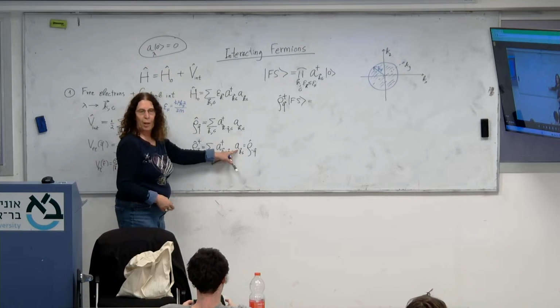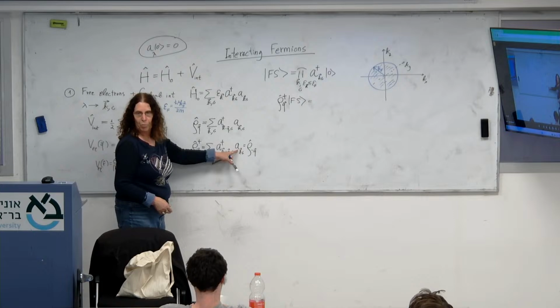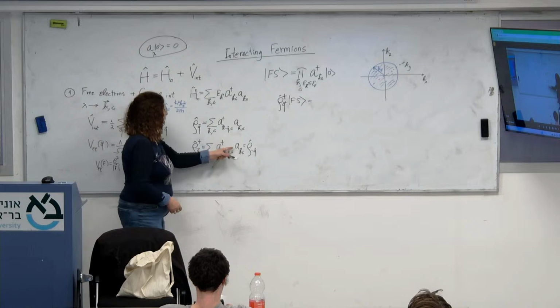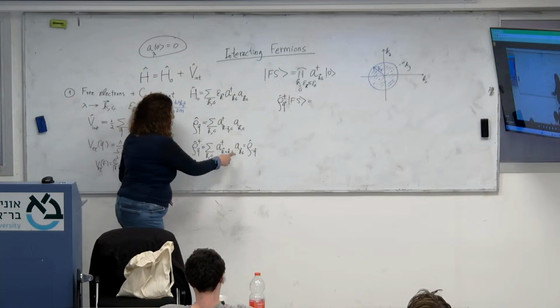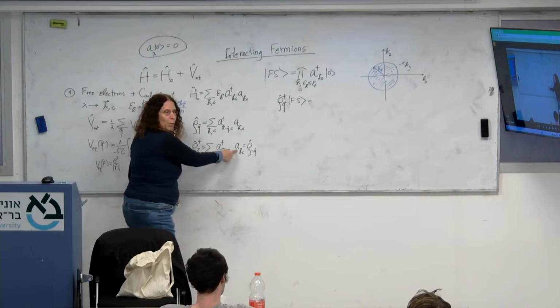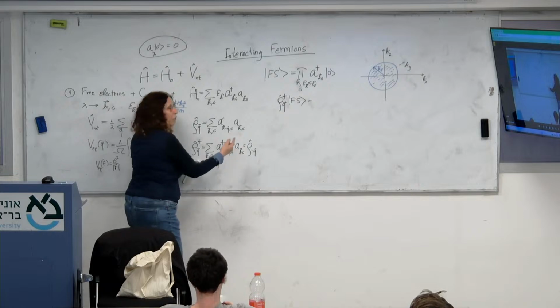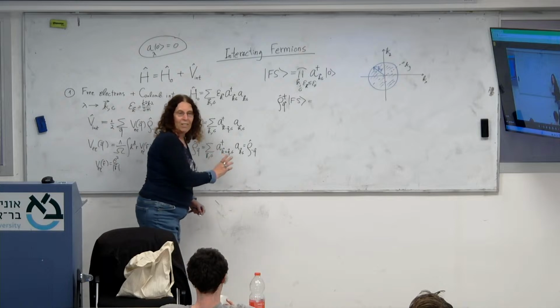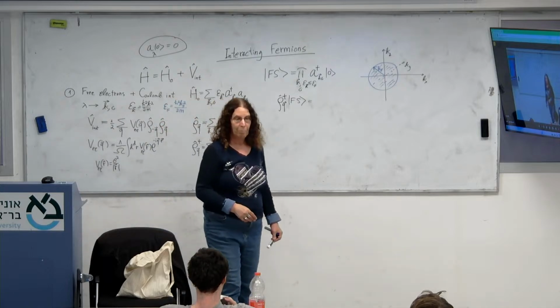If K is outside of the Fermi sphere, and K plus Q, or at least if this is outside of the Fermi sphere, or if this is inside, I get 0, right?